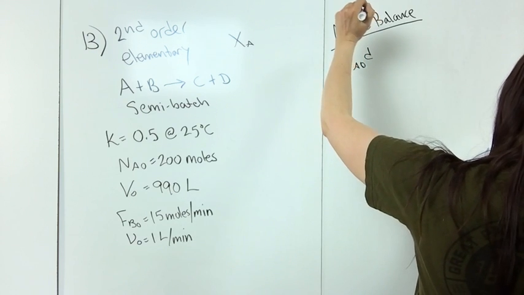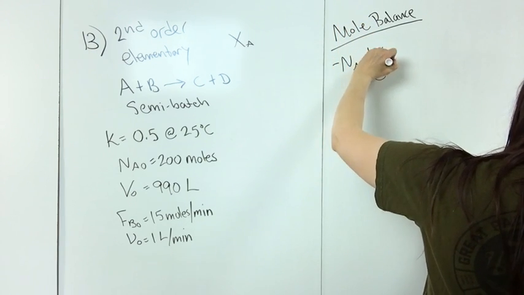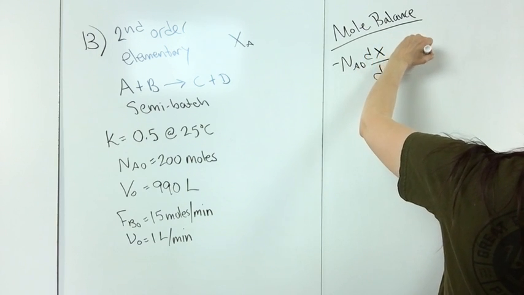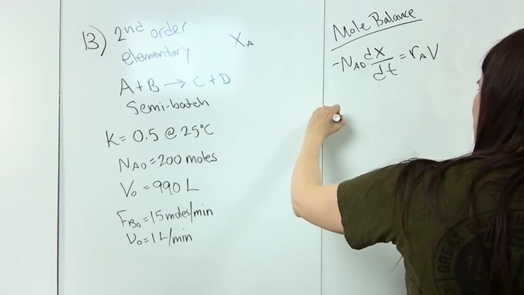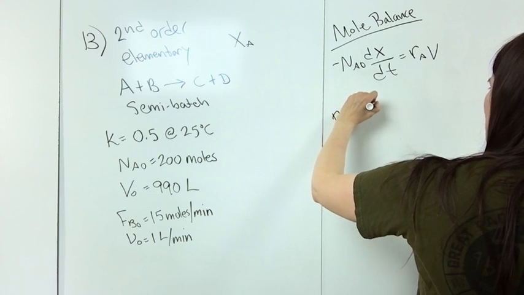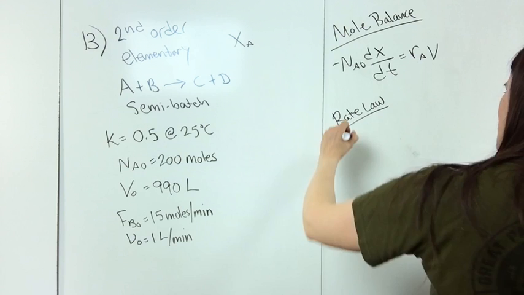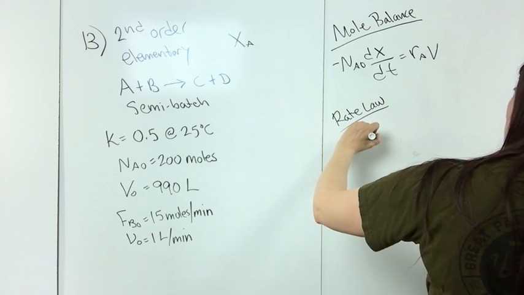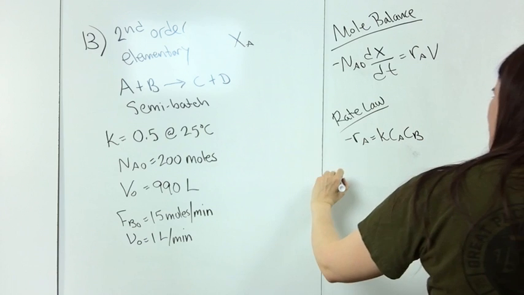So you have minus Na naught dx dt is equal to minus RA V, and then you have the rate law, and it tells you it's second order and elementary, so you know that minus RA equals k CA CB.